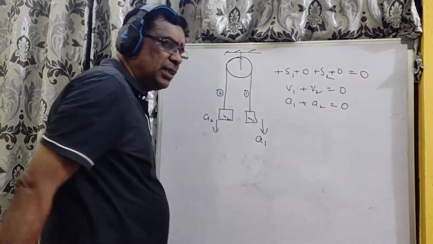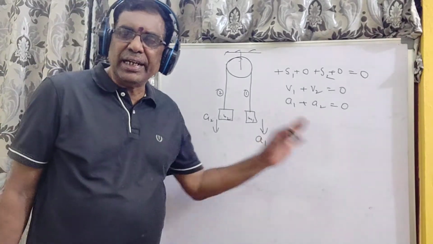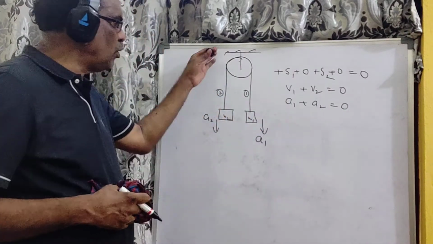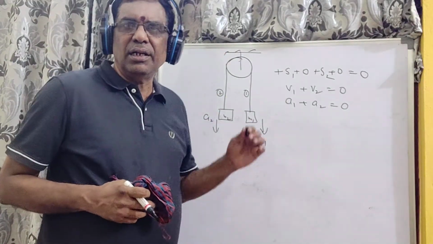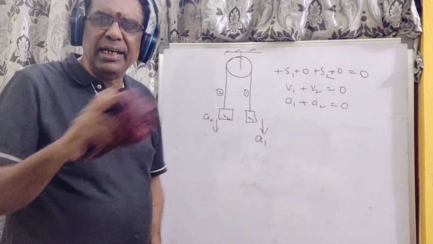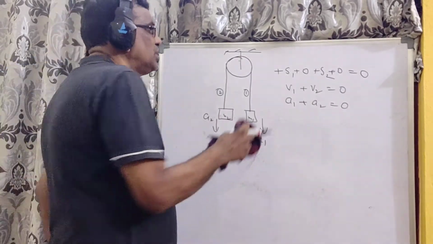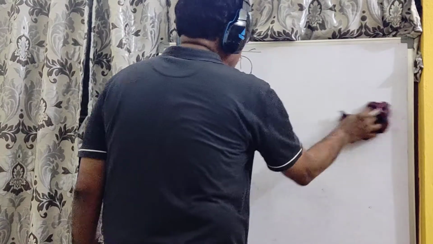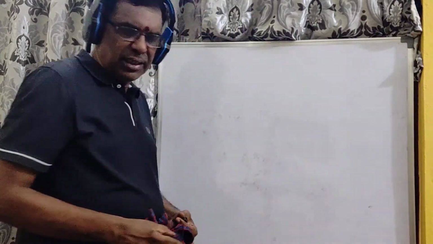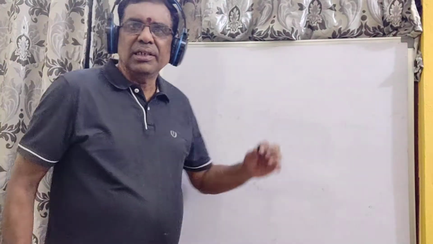If you further differentiate, you will get the acceleration relation. Right? You could work this out even by taking the length of each rope, writing it out, and differentiating, because the length remains constant. This is the essence of what I discussed in my previous lecture.